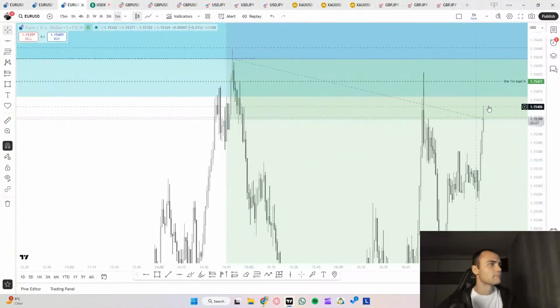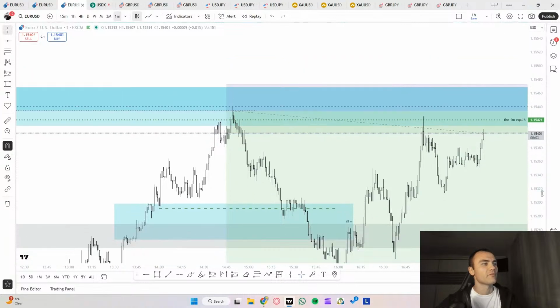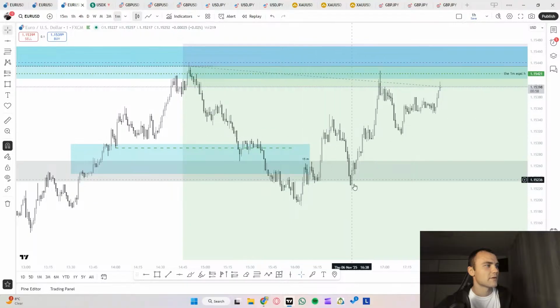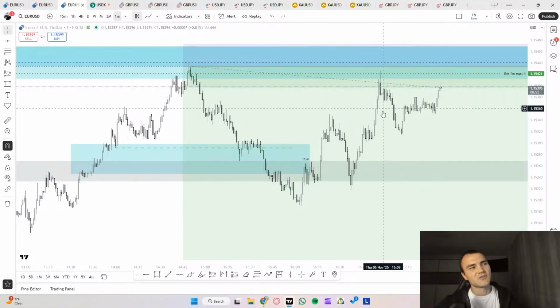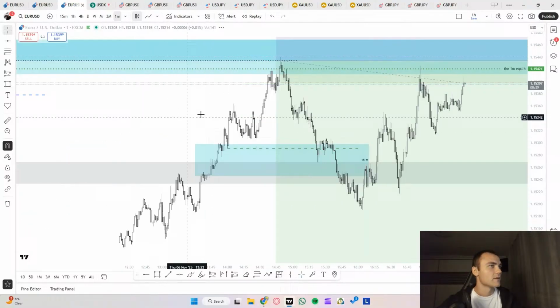Eventually, look what a move it did, right? The swing structure looks bullish, but now we got an internal structure which looks pretty much like a swing one. No liquidity taken below, order blocks hold, so most likely it's gonna go higher, but we will see.